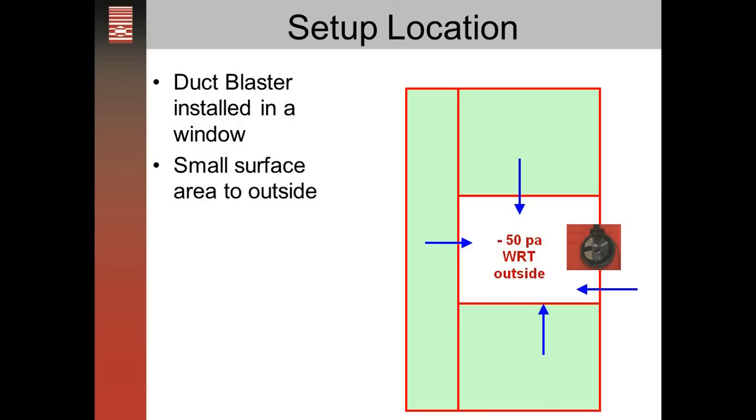Now, it's not a bad idea to compartmentalize the units for odor transfer and for indoor air quality reasons, tobacco smoke transfer, those kinds of things. So it's not a bad idea to have a goal of compartmentalizing these units, and there'll also be more energy savings.